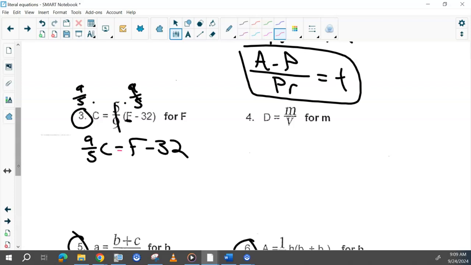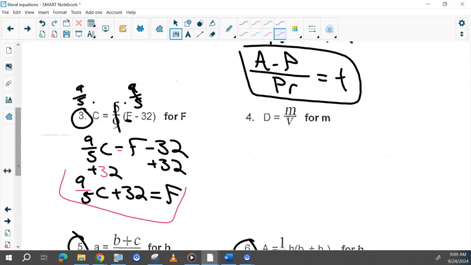And then our last step to get F by itself. Say it louder, Alex. 32 on both sides. Now, these aren't like terms, so we cannot combine them because one has a C, one does not. So this would be our final equation.